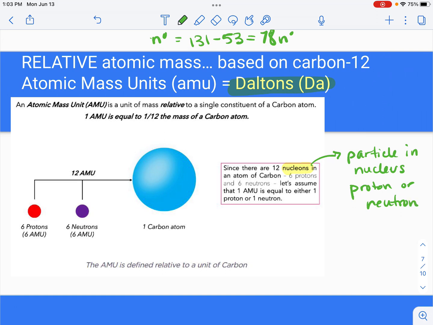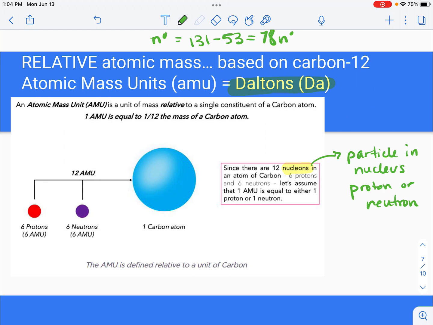So a nucleon is a proton or a neutron. And for the most part, their mass is pretty much equivalent. Neutrons are slightly heavier than protons because technically a neutron is composed of a proton and an electron. But because electrons are so small, pretty much we always talk about a proton having 1 AMU and a neutron having a mass of 1 AMU.